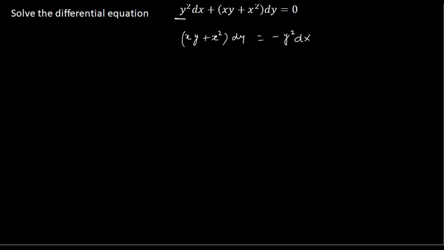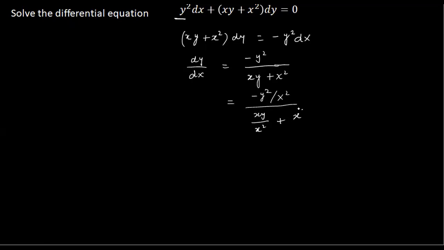Now divide both sides by xy plus x square. So we can rewrite this as dy over dx equals minus of y square over xy plus x square. Now we can see the numerator and denominator are both homogeneous functions of degree 2. So simply divide numerator and denominator by x square.